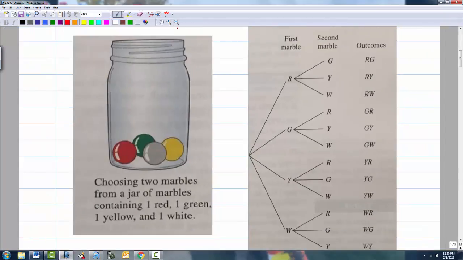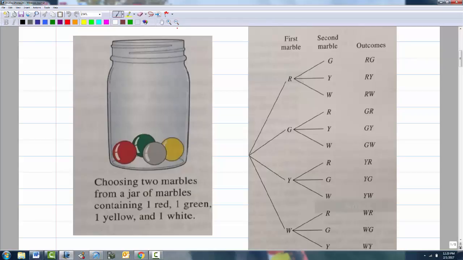All right? So here's the example. Not really written in an example format, but in a pictorial format that I stole from the book. We're going to choose how many marbles? What does it say right there? 2 marbles from 1 red, 1 green, 1 yellow, and 1 white that exist in there.